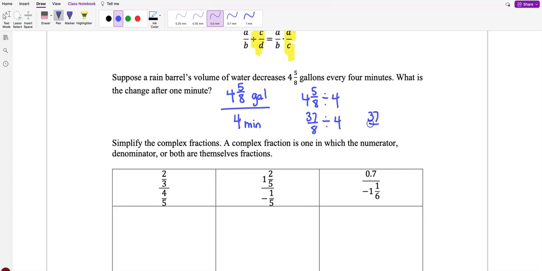That's 37 over 8 times the reciprocal, 1/4. So that's 37 over 32. So that tells me after 1 minute, it's 37 over 32 gallons in 1 minute.